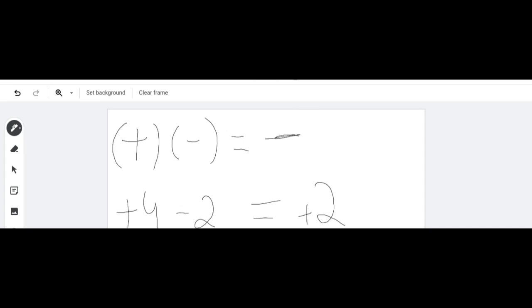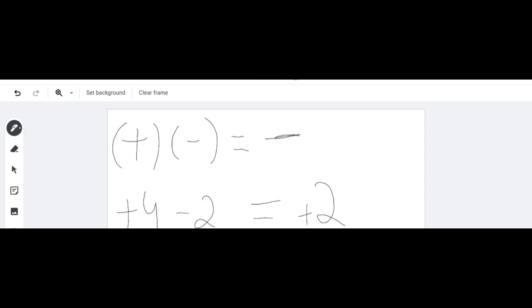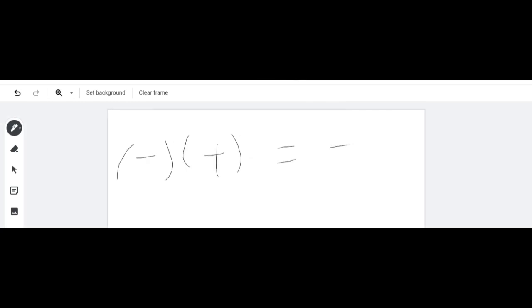This is the third rule, the last rule. If there is minus first and then plus, then it is also a minus. It is the same thing, but I just switched their places. So if I have minus 4 plus 2, here I have to do the subtraction, so the answer is 2.